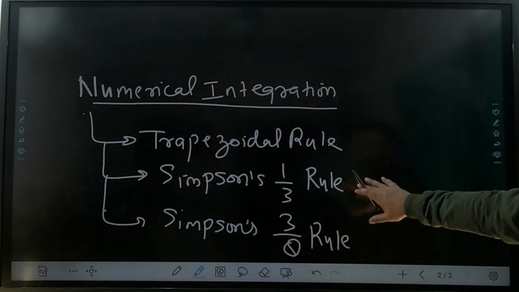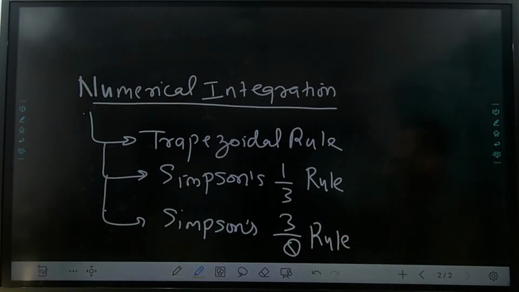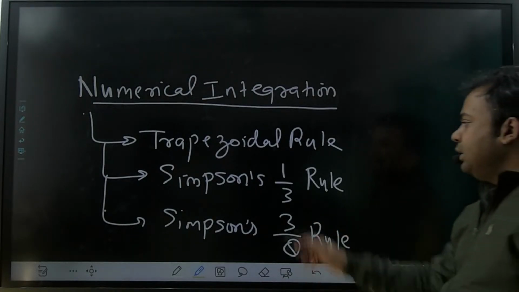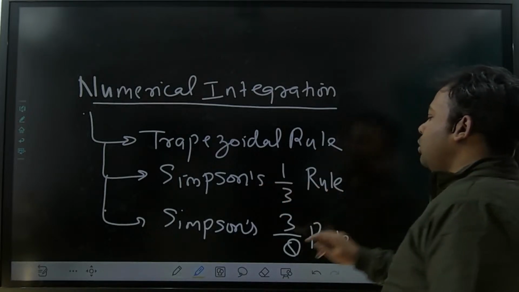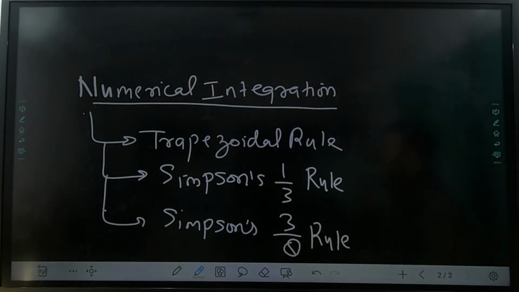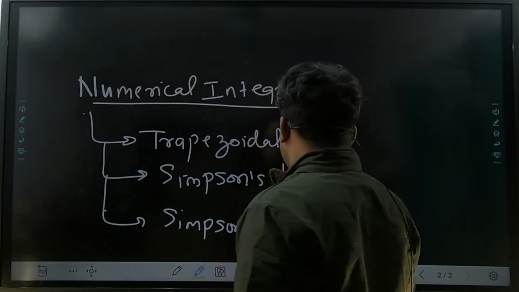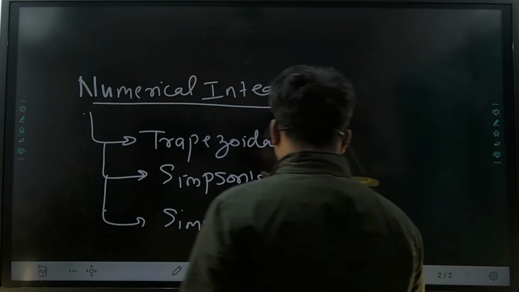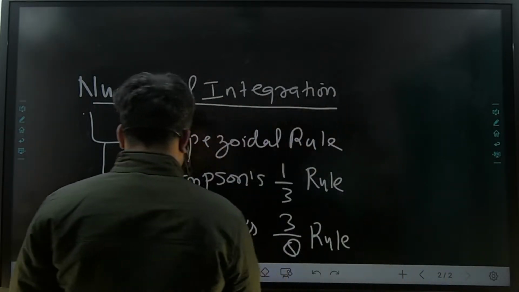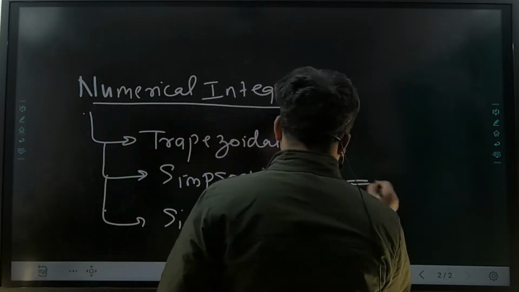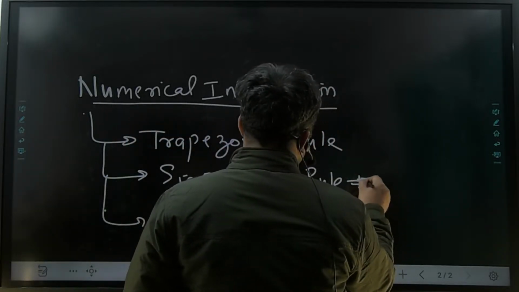Now see, when a question comes, sometimes they will tell you which Simpson rule they want. The name is the same, so they will explicitly write Simpson's 1/3 rule or 3/8 rule. And sometimes the question does not say which rule they're asking. So sometimes the question just writes Simpson's rule or Simpson method. If nothing is mentioned, that is 1/3 rule only.